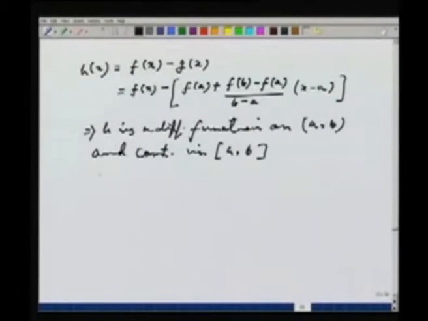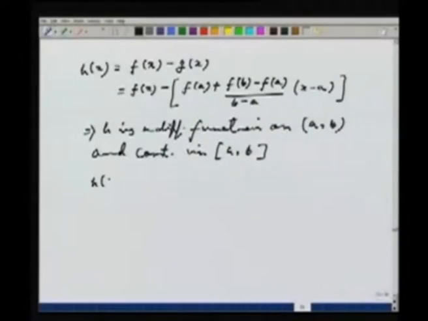Now notice what is h(a). Since h is a differentiable function, we will try to see whether it satisfies the conditions of Rolle's theorem. That means we will try to evaluate first what is h at the endpoints. So let us first calculate h(a).